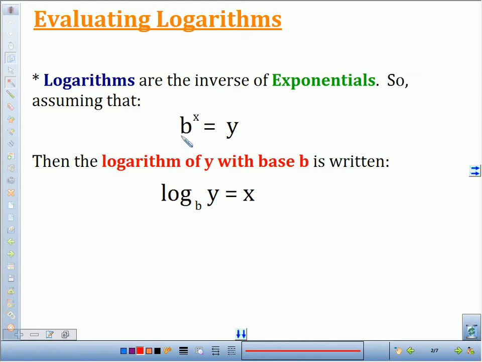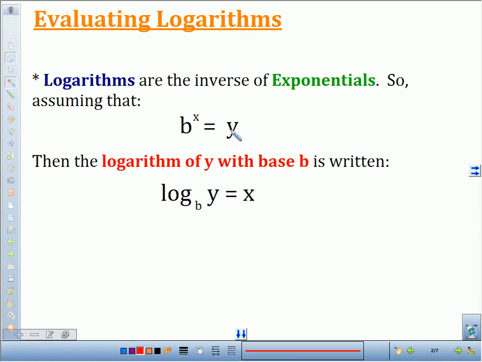So we have a logarithm. Let's break this down just a little bit. If I have b to the x equals y, that is, I have something with base b and exponent x, then that equals some number. The logarithm tells me that if I have the logarithm of base b of y, that equals x.